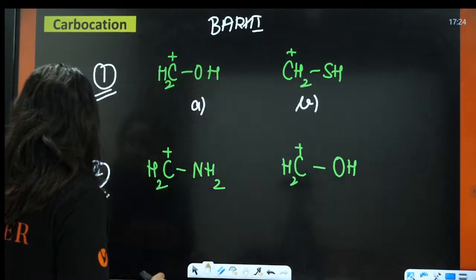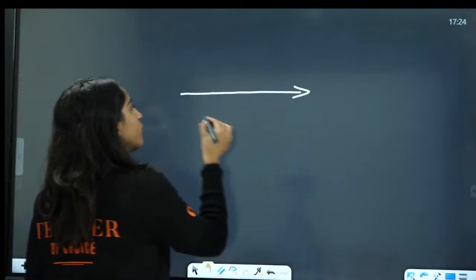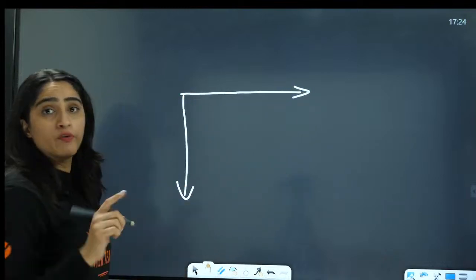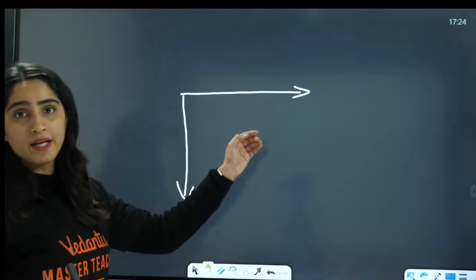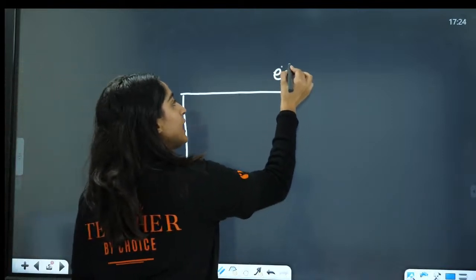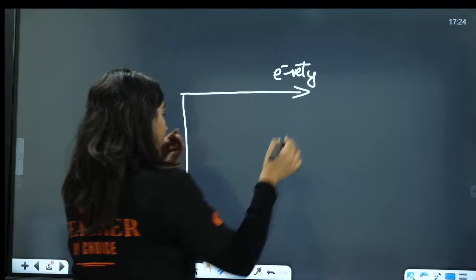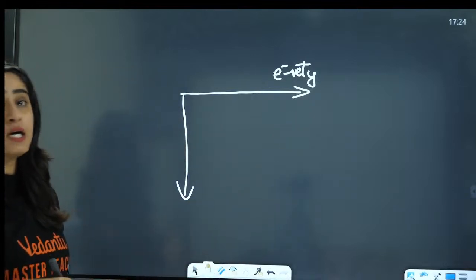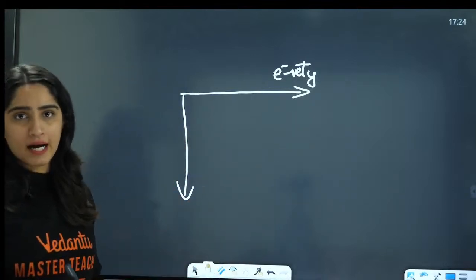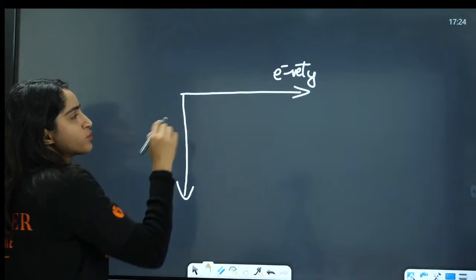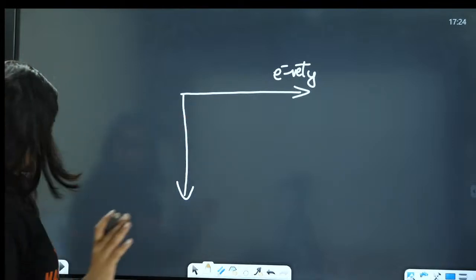So the concept here is that when you are moving along a period and when we are moving down the group, along the period you will focus on the electronegativity of that atom, and down the group you will focus on the size of that atom. Down the group, electronegativity will not be focused here, right?